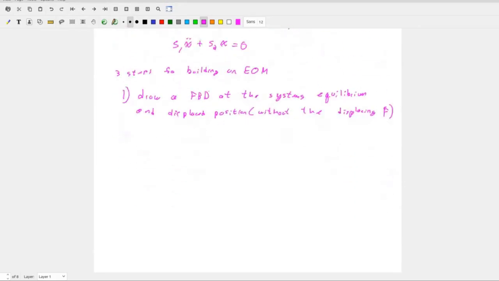Step 2 is apply Newton's second law to both equations of motion. And step 3 is to combine the equations to write the equation of motion in standard form.